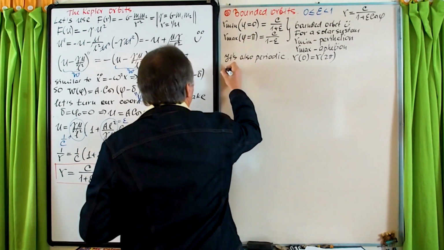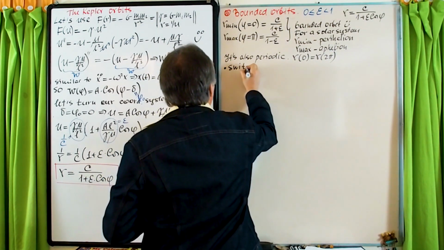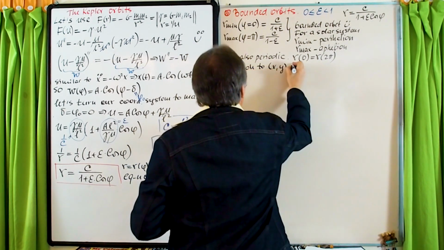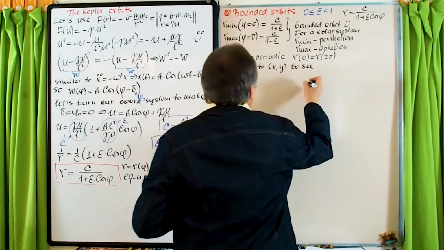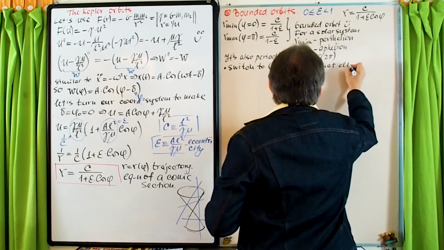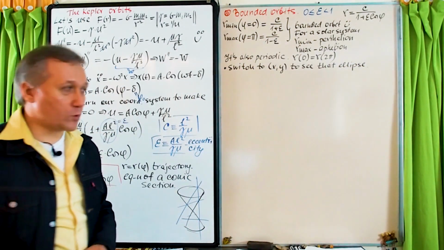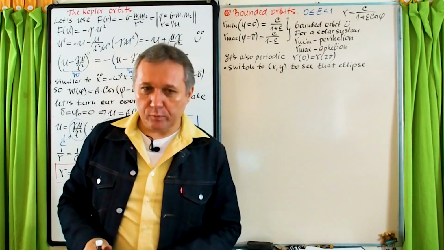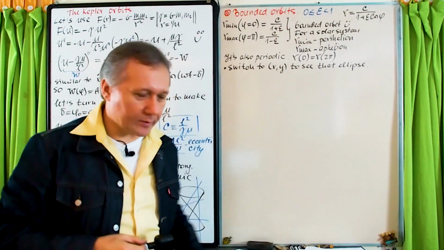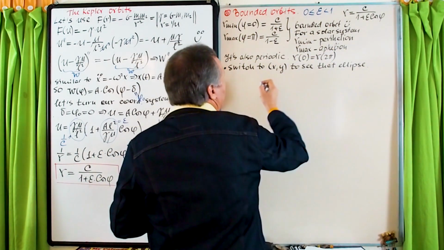So now I will put a small bullet, and let's switch to xy to see that ellipse. Okay, now I will probably move a little bit faster because now it will be just simple algebra. First, let me rewrite that equation in this form.